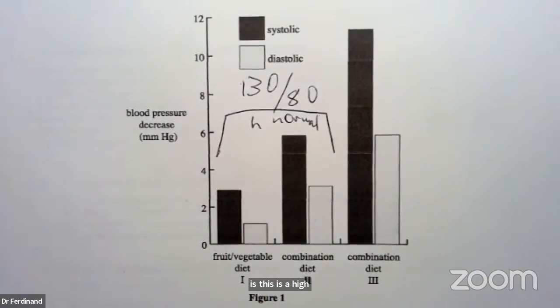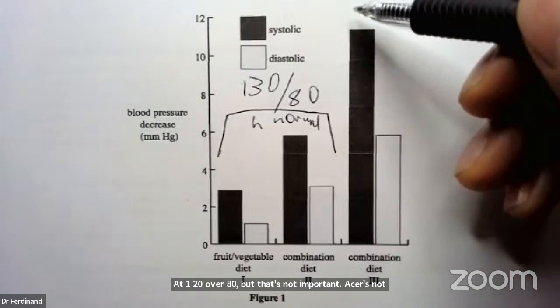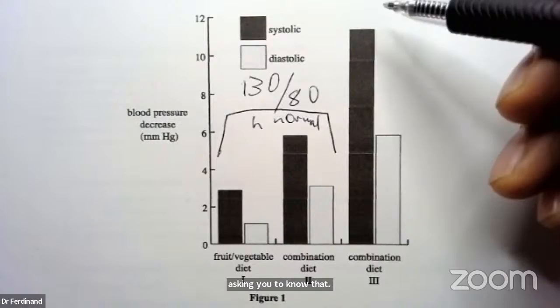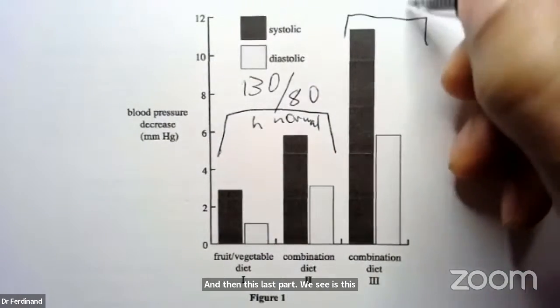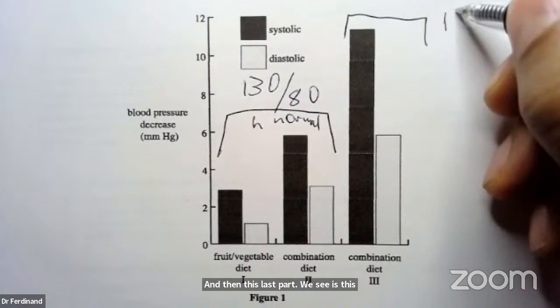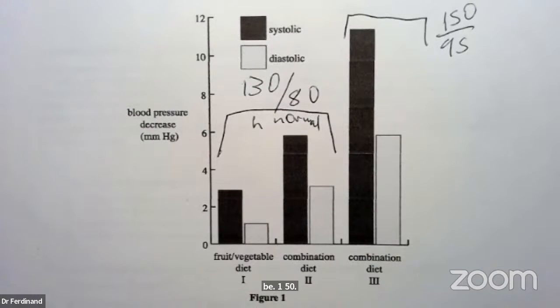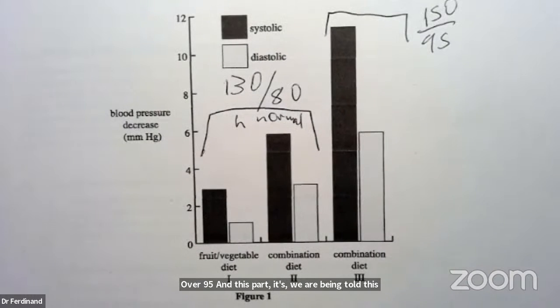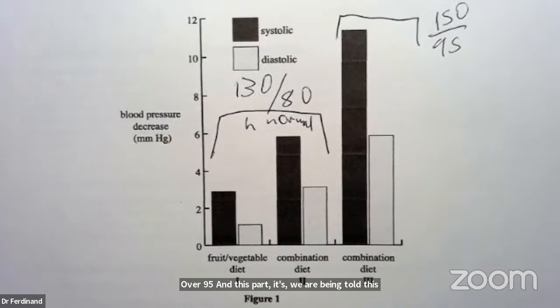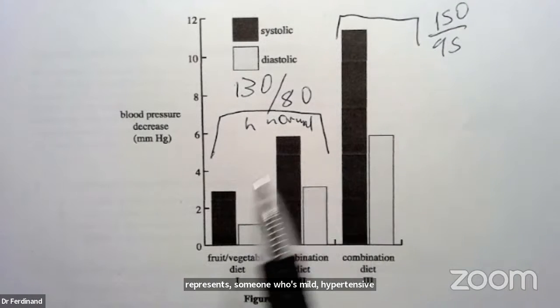In the back of your mind, it's not really relevant, but most people know that blood pressure is normal at 120/80, but that's not important. ACER's not asking you to know that. And this last part is 150/95, and we are told this represents someone who is mildly hypertensive. So we have those labels.